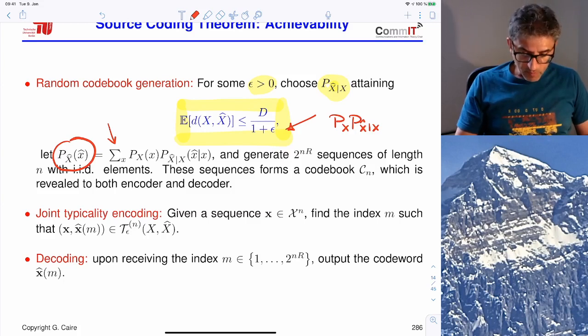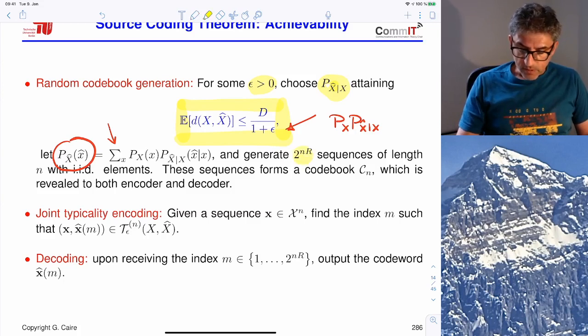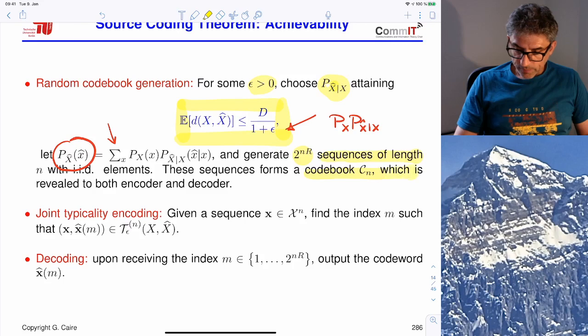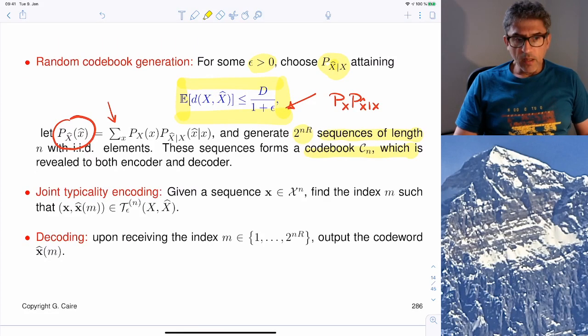So with this probability distribution of x hat, we generate 2 to the nR sequences of length n, and these form our quantization codebook. So this is the random quantization codebook that we generate in this way. And now we use the following encoding and decoding rules.